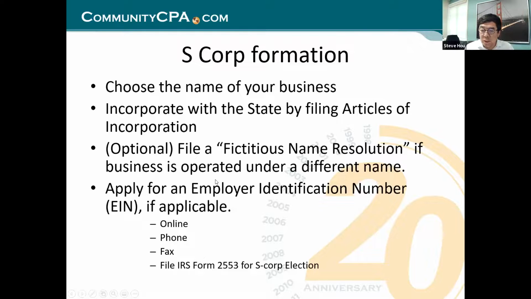You do indicate in your EIN application whether you want to be a C Corp or S Corp, but you do not make the election in that application process. The election to be an S Corp is a separate step, and you use IRS Form 2553 to make an S Corp election.